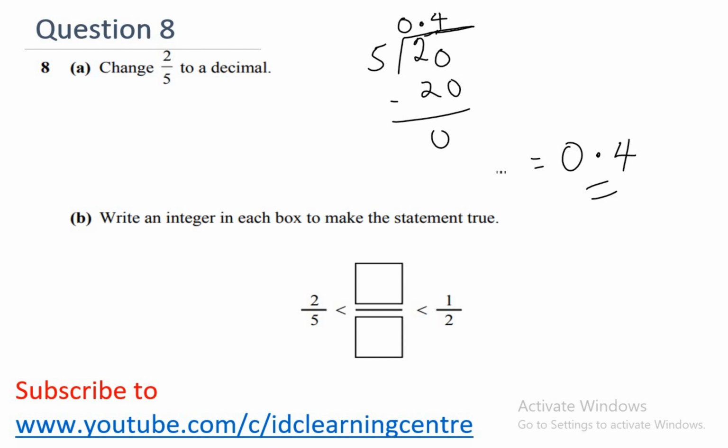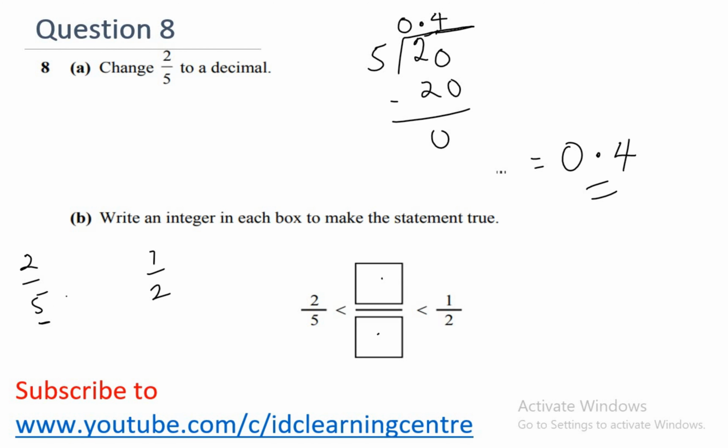For question 8b, write an integer in each box to make the statement true. What is the value you need to put here so that it will be less than a half but greater than 2 over 5? Let's make 2 over 5 and 1 over 2 round numbers. Let's make the denominator 100.